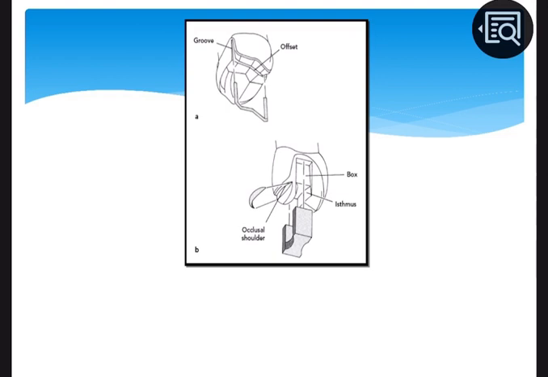These are the special features which we incorporate in the preparation for the three-quarter crown to enhance the retention and the structural durability. So the three-quarter crown is reinforced by the bulk of material that fills the offset and the grooves, and provides the structural durability.